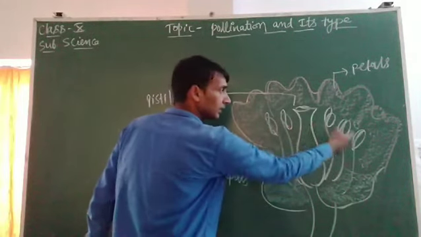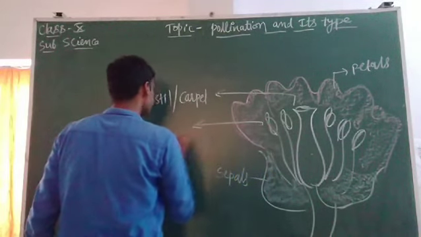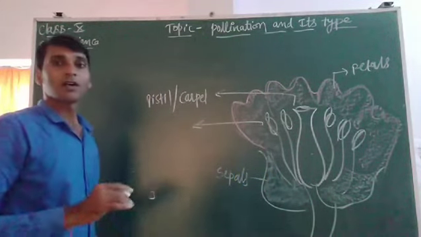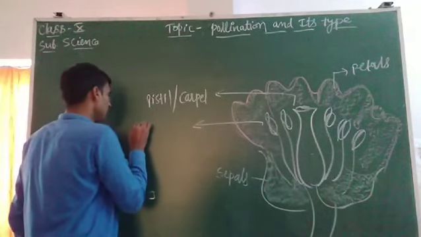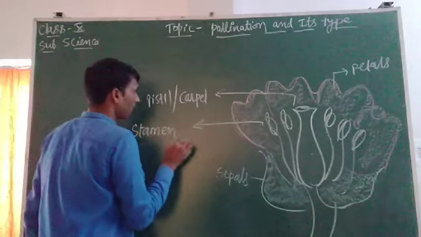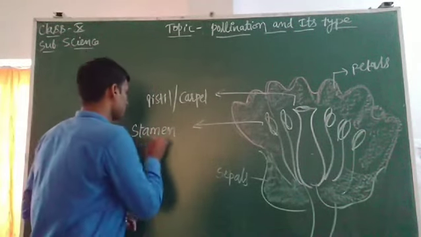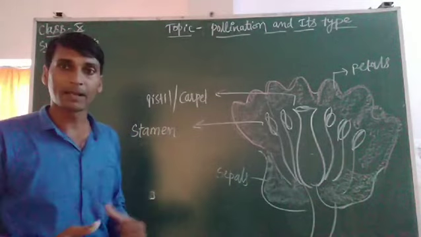And this one is the male part called stamen. Stamen, or we can say androecium, the male part.